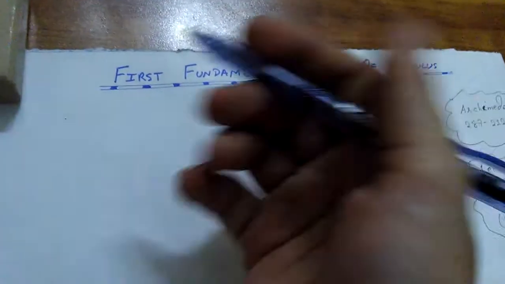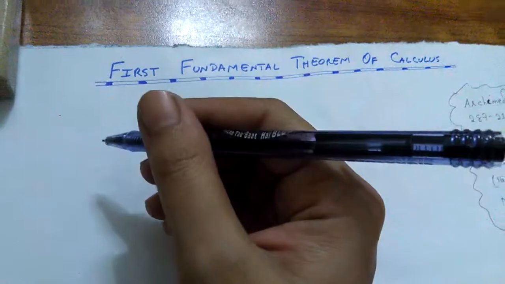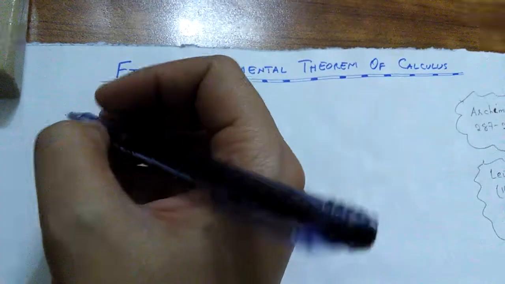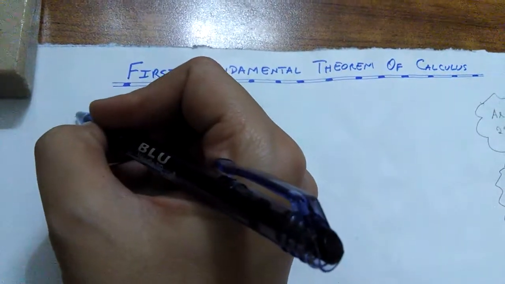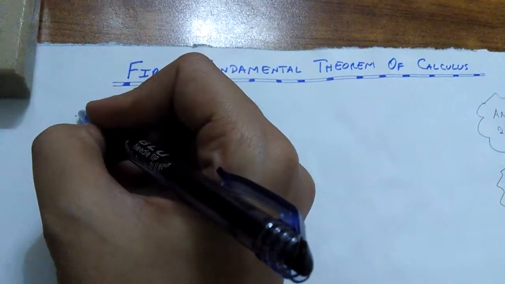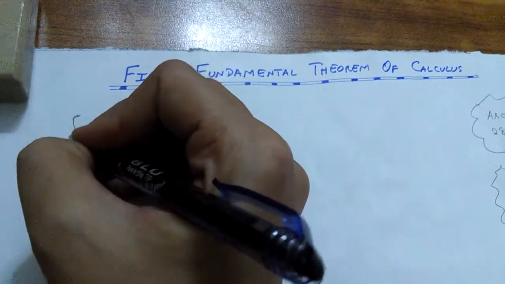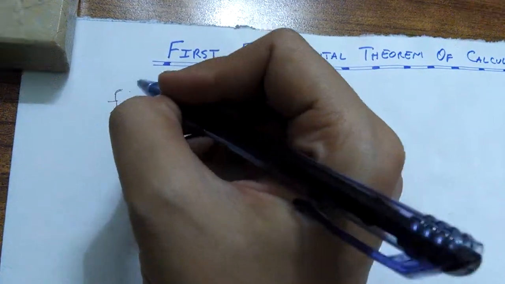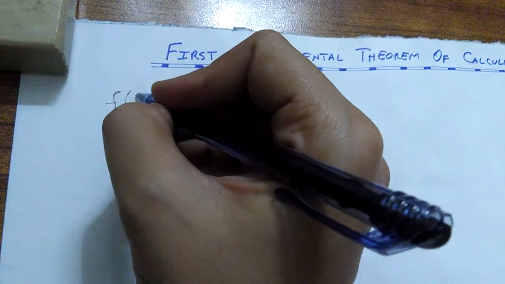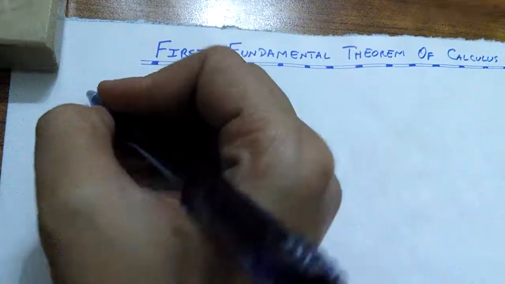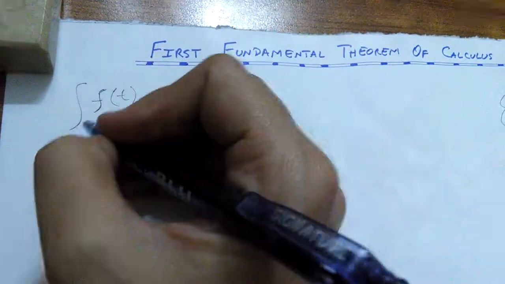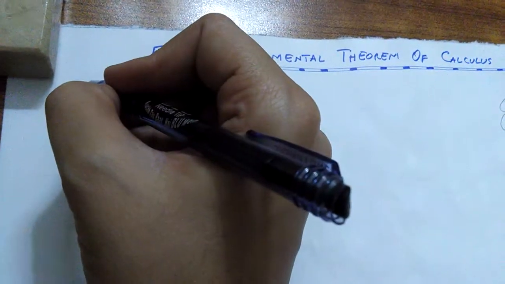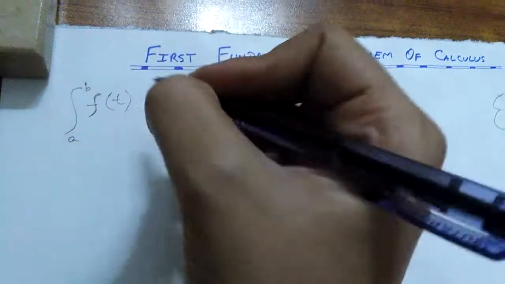Before moving to the definite integral having a variable in its upper limit, just try to understand that if we have a certain function f, you can express this function with respect to any variable you want. Let it be f of t, for example, and it is bounded by two values on the axis, a and b.